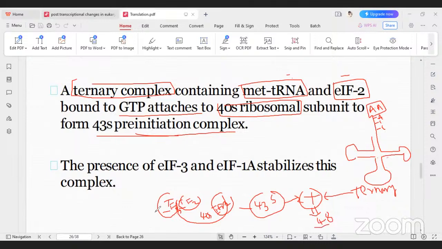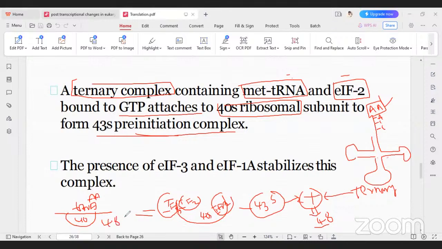Is it clear? That is a simple diagram: 40S, the tRNA, the amino acid. Now this is called 48S.